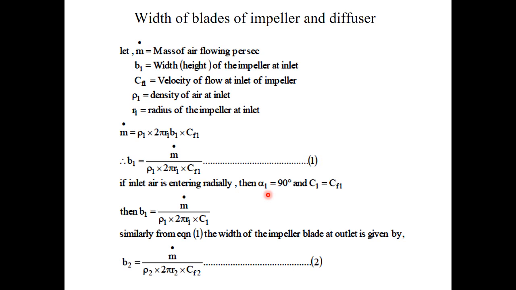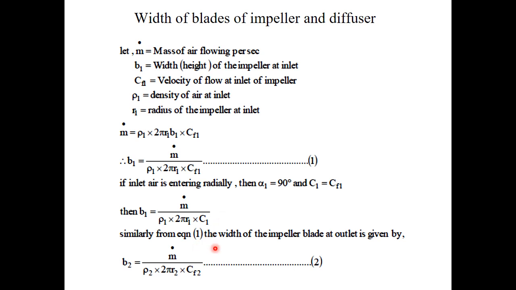Now if the inlet air is entering radially, then alpha 1 equals 90 degrees, and C1 will be equal to Cf1. So the expression for width of impeller at inlet B1 will be equal to m dot divided by rho1 into 2 pi r1 into C1, since C1 is equal to Cf1.